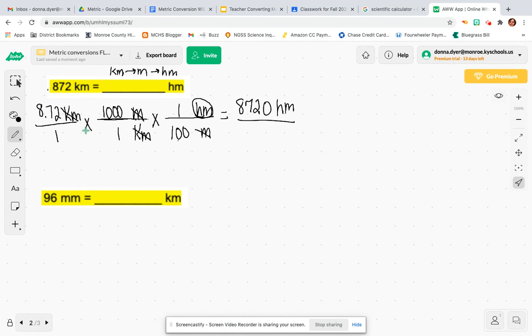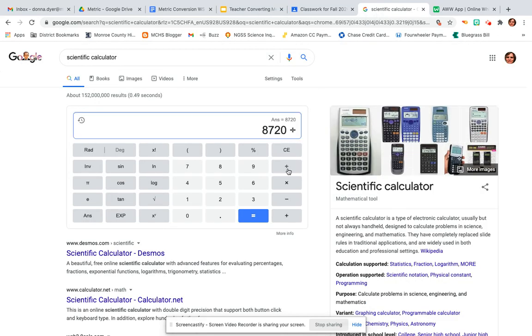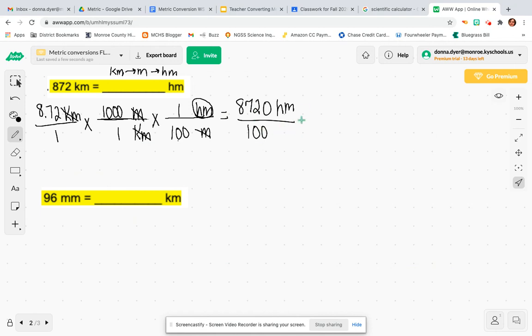On the bottom, we have 1 times 100, so that's 100. Now we're going to divide 8,720 divided by 100, and our answer is 87.2. And that's our final answer.